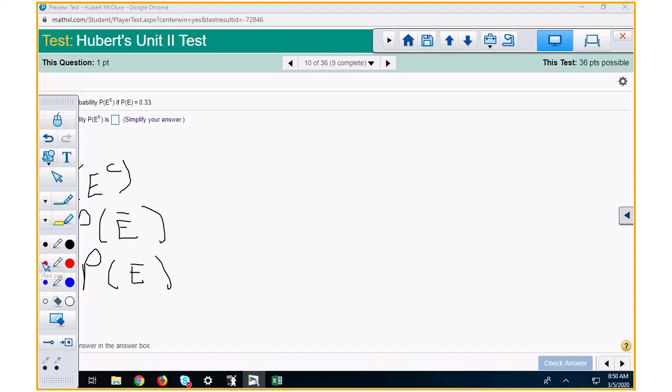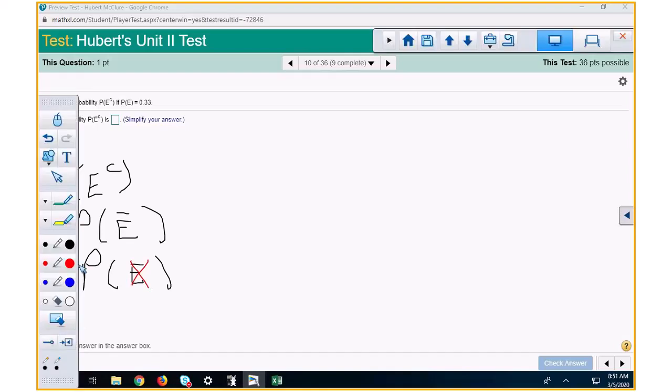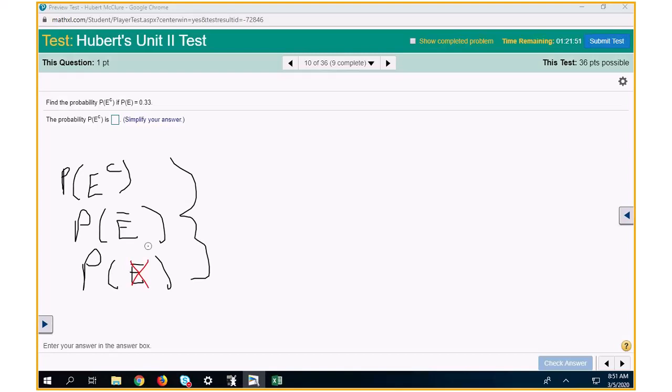And what does all three of those mean in reference to P of E? Starts with a C. It's the what? Complement. Okay? All these are three ways to write the complement.